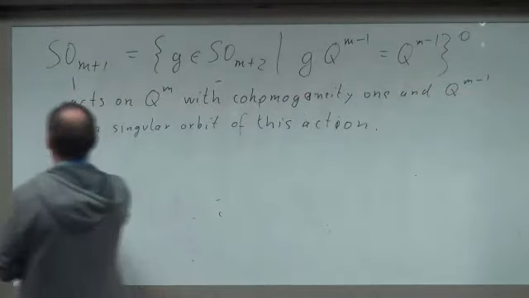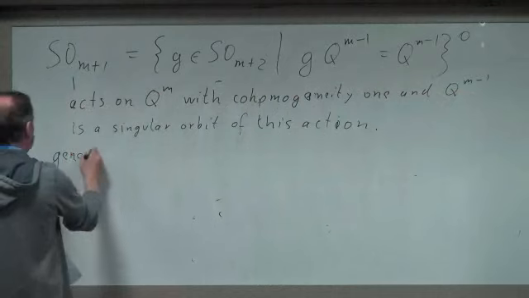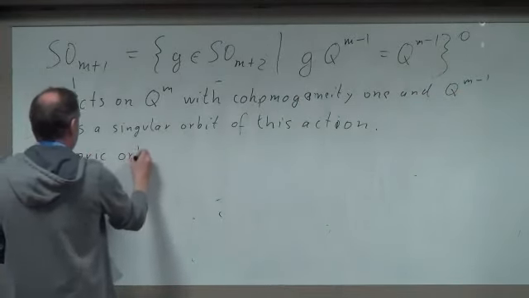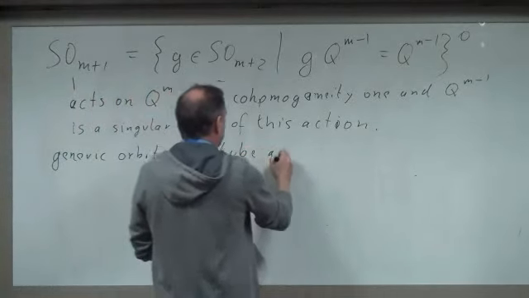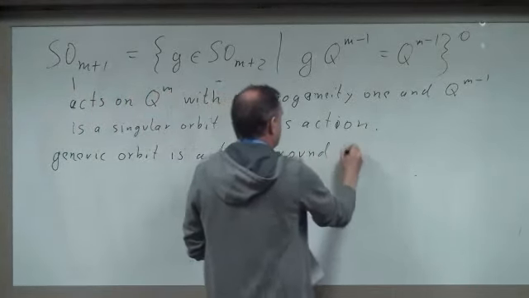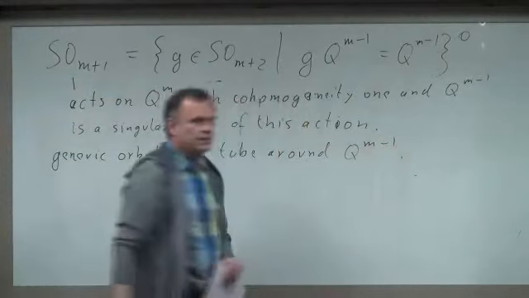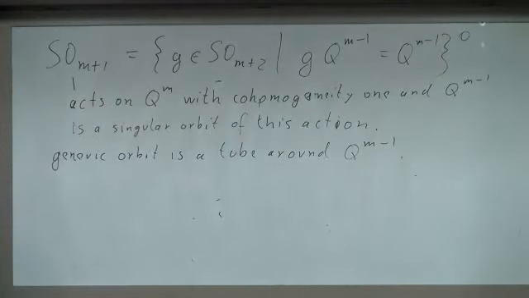So this tells us that the generic orbit is a tube around this quadric. Now we have a homogeneity 1 action on a simply connected compact space.